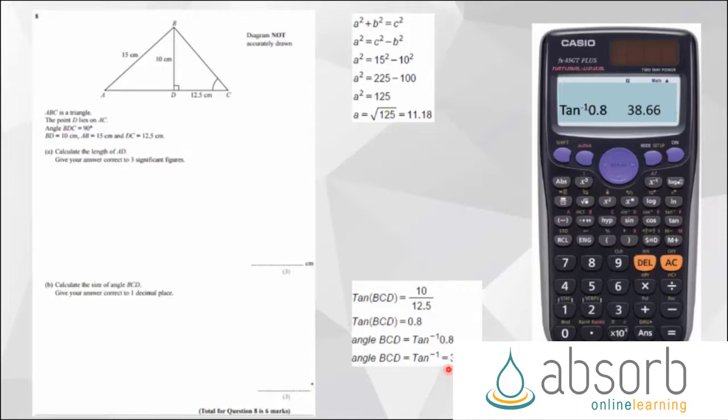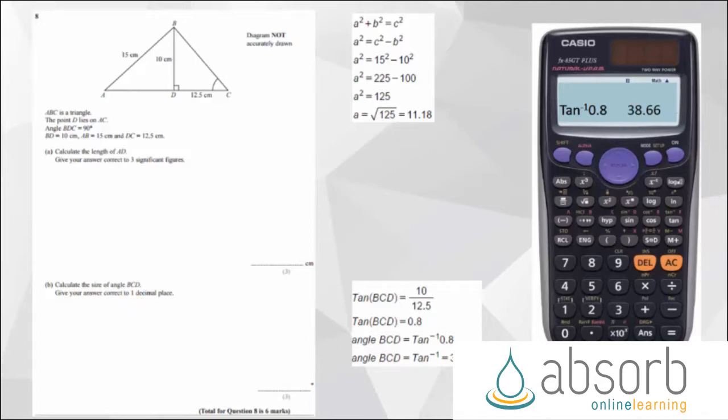Now, one step further than that, which I haven't shown you here, and I've done this quite deliberately, because people will lose a mark out of the 3 at this point because they haven't read the question properly. If you look back at the question, it says calculate the size of the angle BCD and give your answer correct to 1 decimal place.